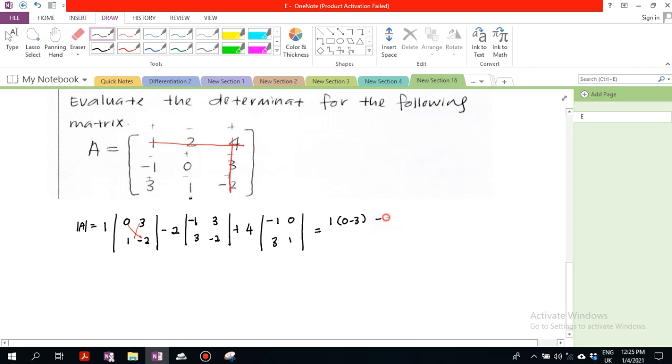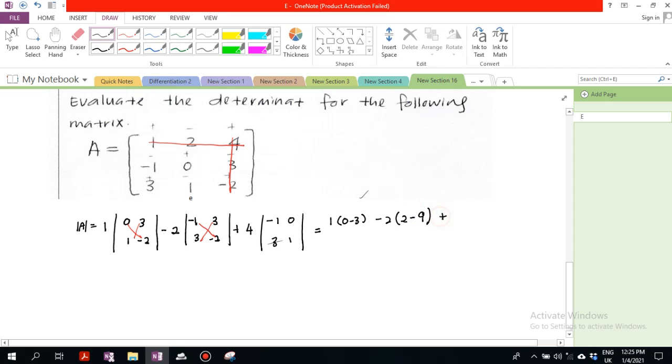Minus 2 times, negative 1 times negative 2 gives positive 2, minus 3 times 3 which is 9.